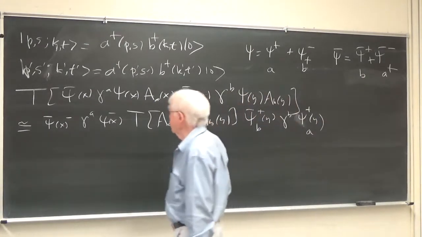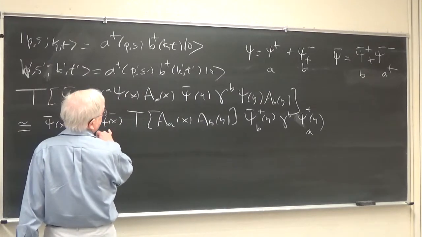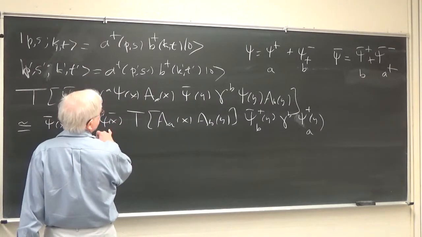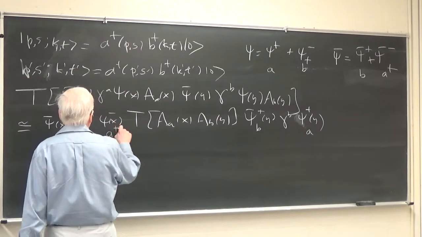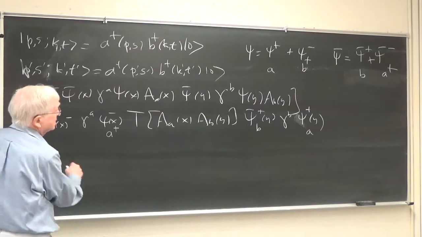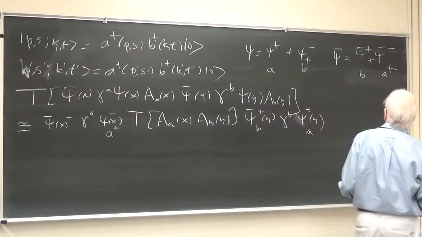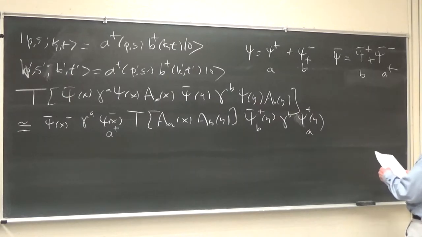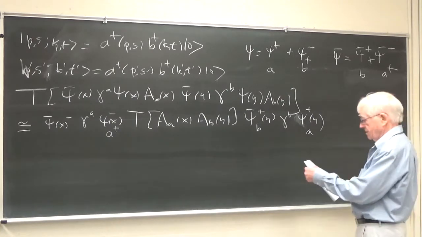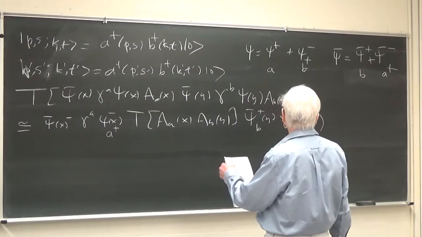And then over here, this is psi minus, this is creating an outgoing electron, and this is psi bar minus, wait a minute, do I have that right? That should have been psi minus, I think.